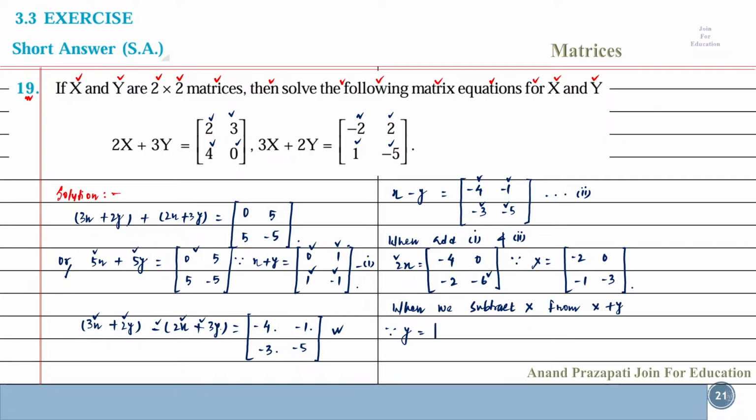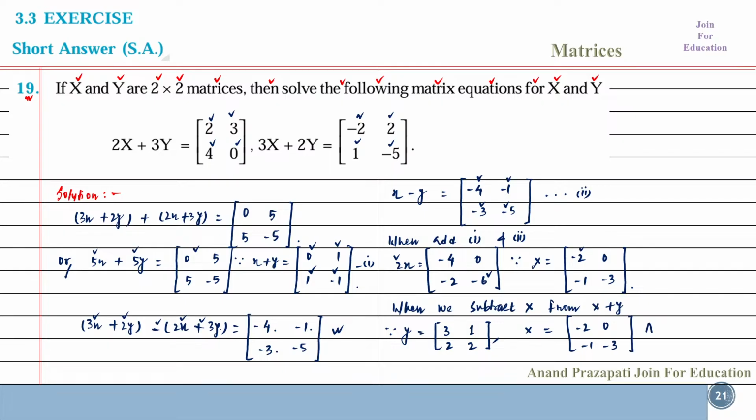So y equal to 0 minus minus 2, then we get 2, and 1 minus 0 equal to 1, 1 minus minus 1 equal to 2, minus 1 minus minus 3 equal to 2. So this is the value of y, and this is the value of x. So we write down here minus 2, minus 1, 0, and minus 3.